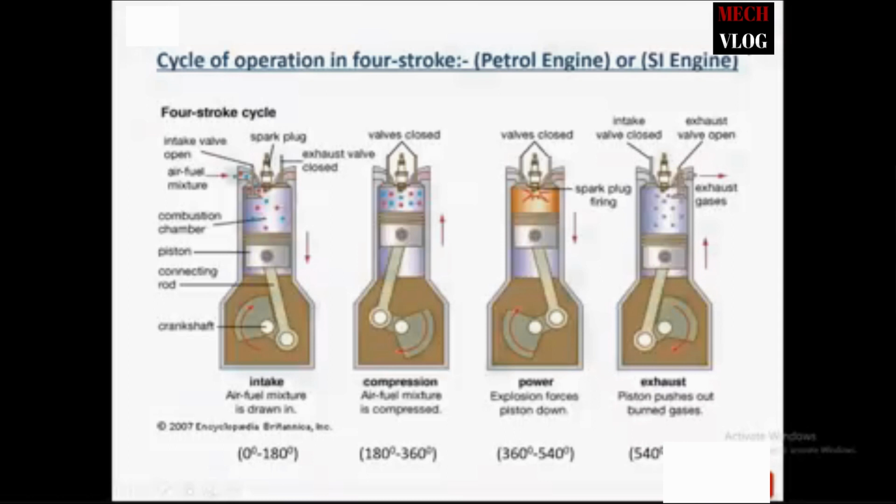So in the suction stroke, what will happen? The piston moves from the top dead center to the bottom dead center. This creates a vacuum inside this combustion chamber, so that a proper amount of air-fuel mixture from the carburetor enters through this inlet valve or intake valve.